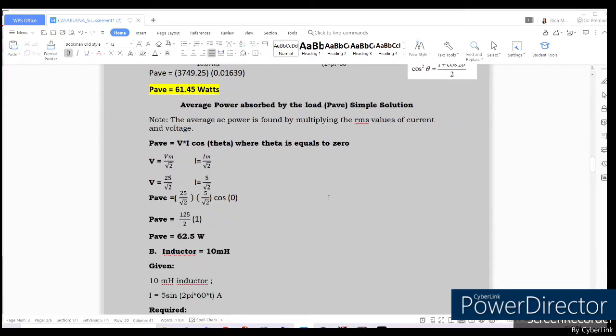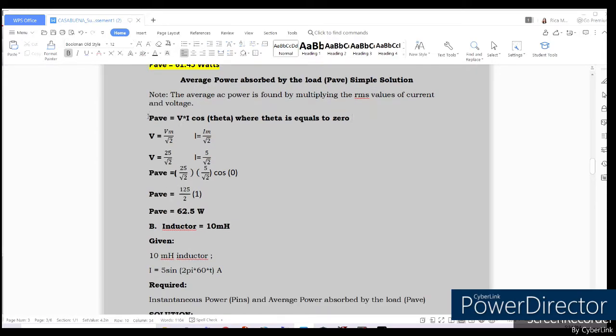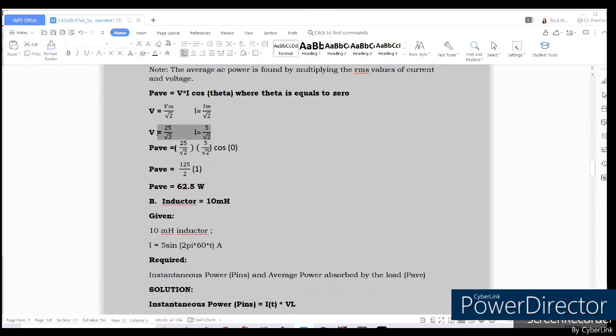For an easier approach to the average power across the resistor load, we can use some concepts from our AC circuits from previous semesters. Note that the average AC power is found by multiplying the RMS values of both the current and the voltage. Considering the equation V times I times cosine theta, where theta is equal to 0, we get the RMS values of the voltage and the current, which give us these numerical values.